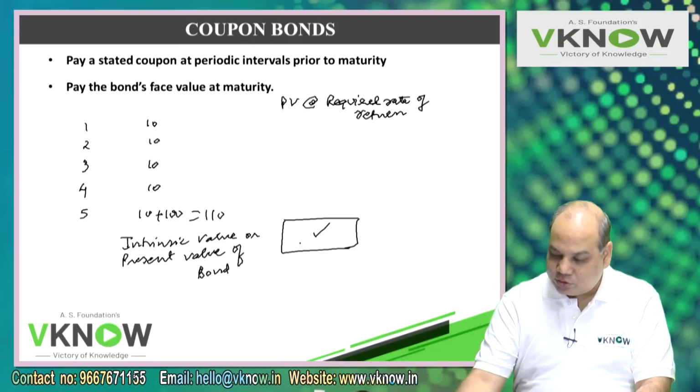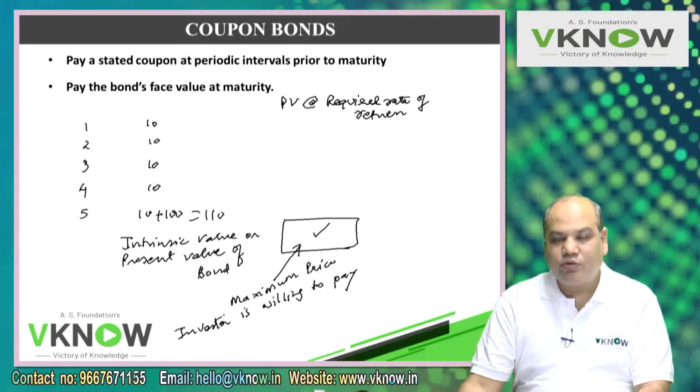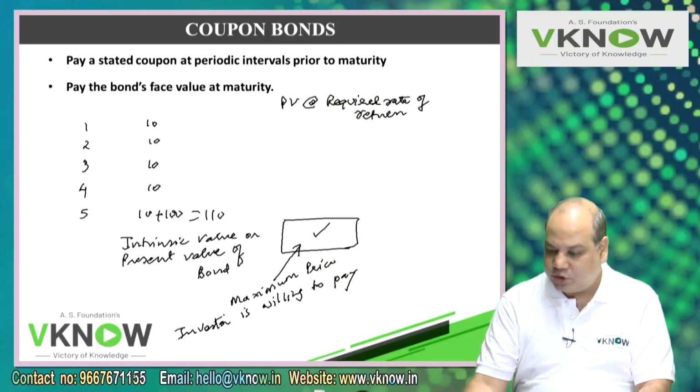This is also what we will call maximum price the investor is willing to pay. If they ask you the question, what is the maximum price the investor is willing to pay, then you will calculate the intrinsic value and you will say this is the maximum price the investor is willing to pay. This will give him his required or target rate of return.